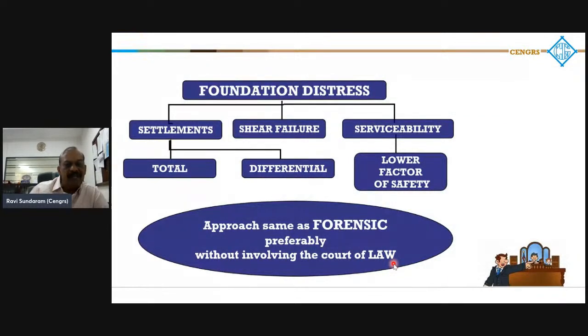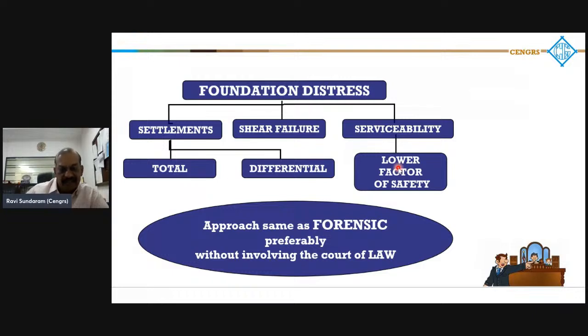So, when we are talking about foundation distress, it could be a settlement failure, shear failure, or a serviceability failure. And in case of settlement failure, we are talking about total settlement or differential settlement, or even a lower factor of safety. In these kind of cases, the approach is similar to the forensic, preferably without involving the court of law.